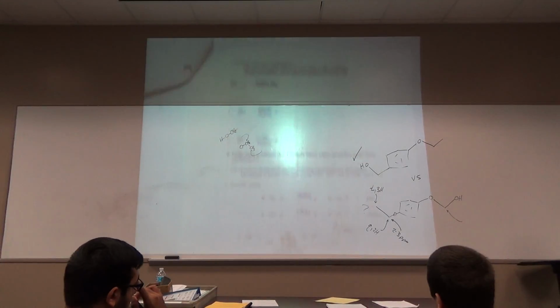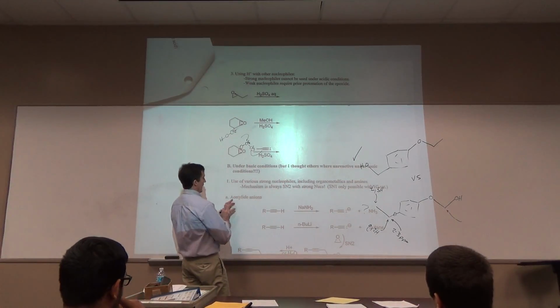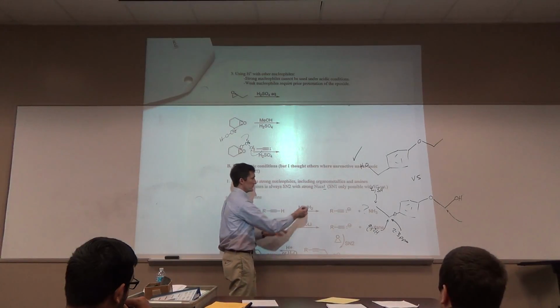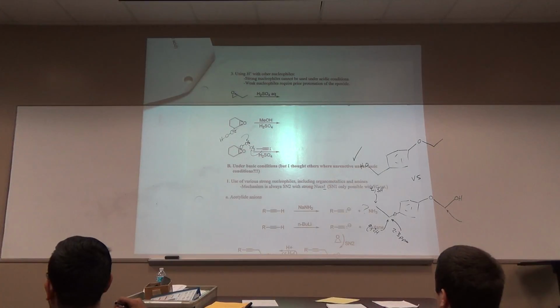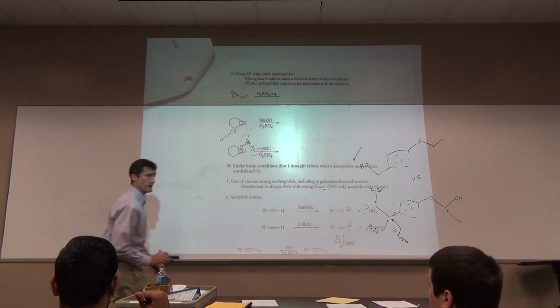I would argue that it was clear because if you look over here, the mechanism is always SN2 with strong nukes! Exclamation point. I'm getting people who are saying it should be SN1 in this case we're looking at.